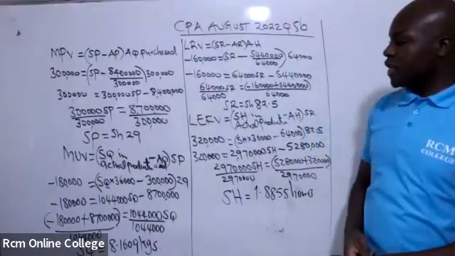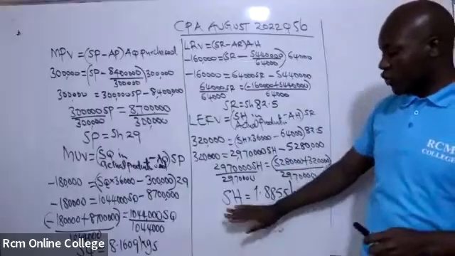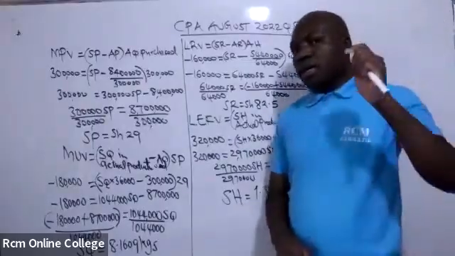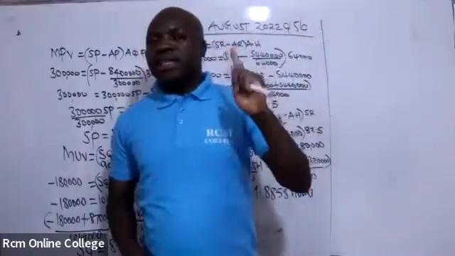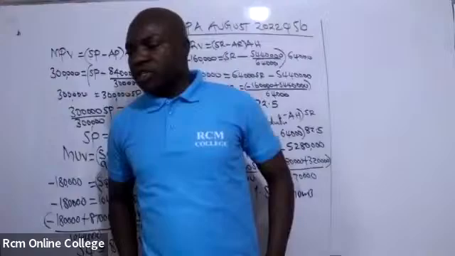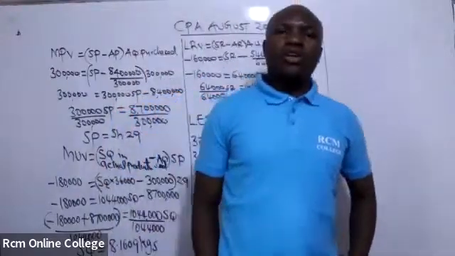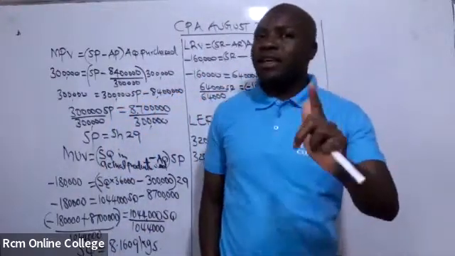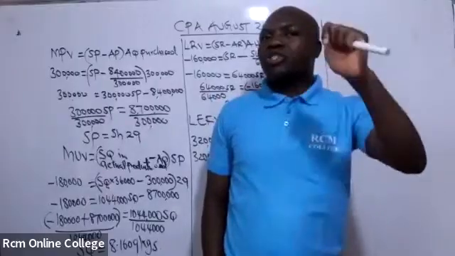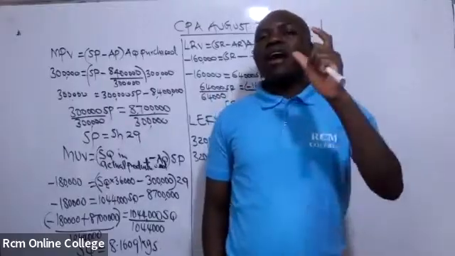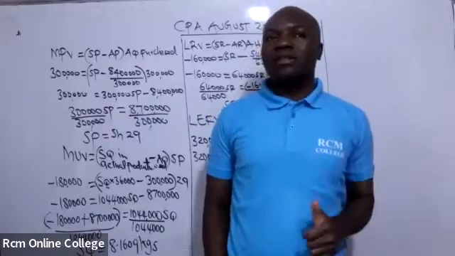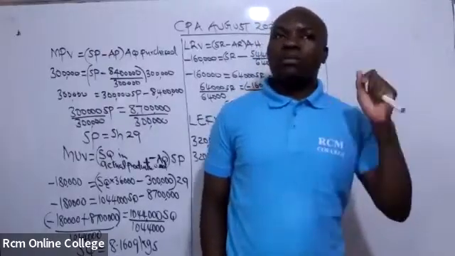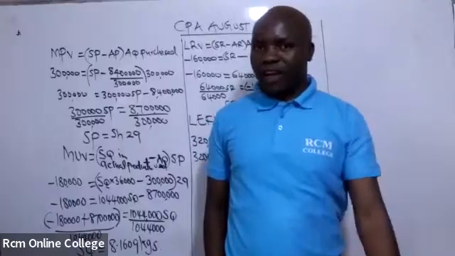Now, I want to give you some things that you need to look at to get to this point. Number one, look at our question. Is there any additional information telling us that the variable production overheads were being absorbed based on labor hours? In other words, the company used labor hours to absorb the production overheads.